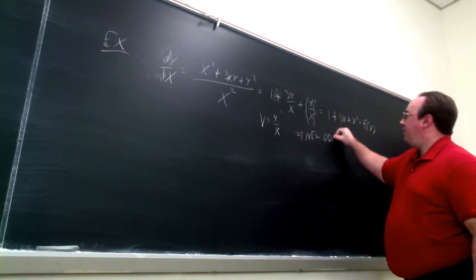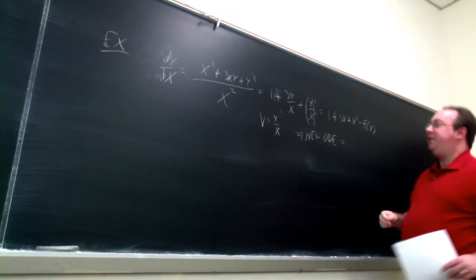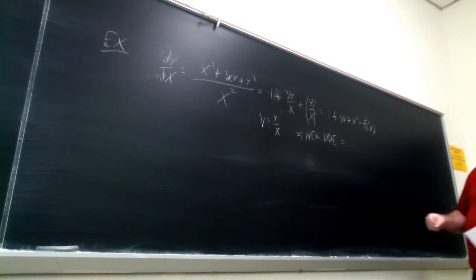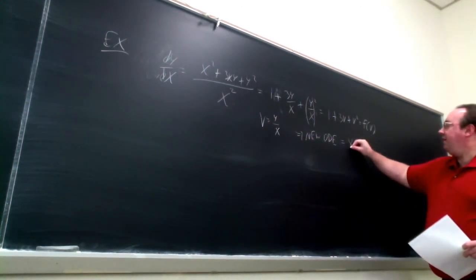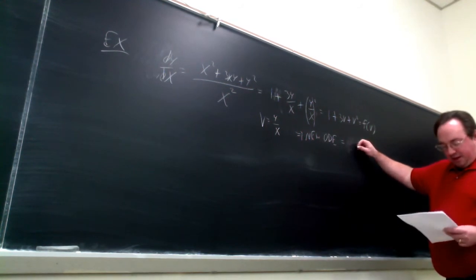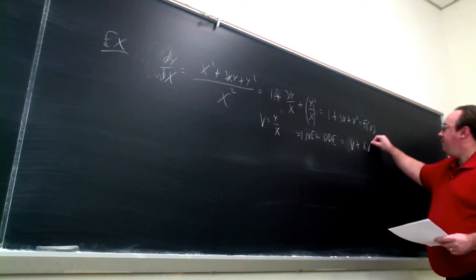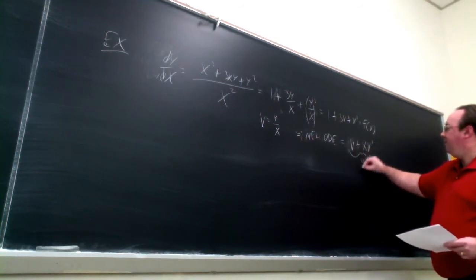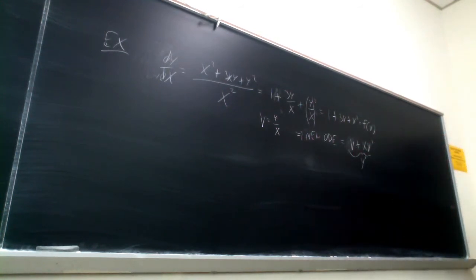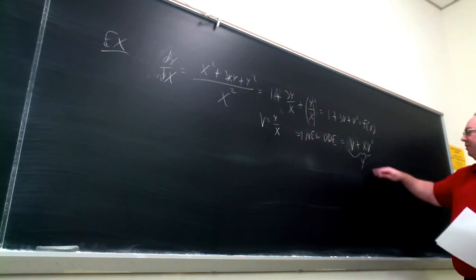So your new ODE, after you change the left side, is you get x times v plus x v prime. So this is what y prime becomes, and this is how these homogeneous equations always work. Regardless of the particular problem, this always happens.